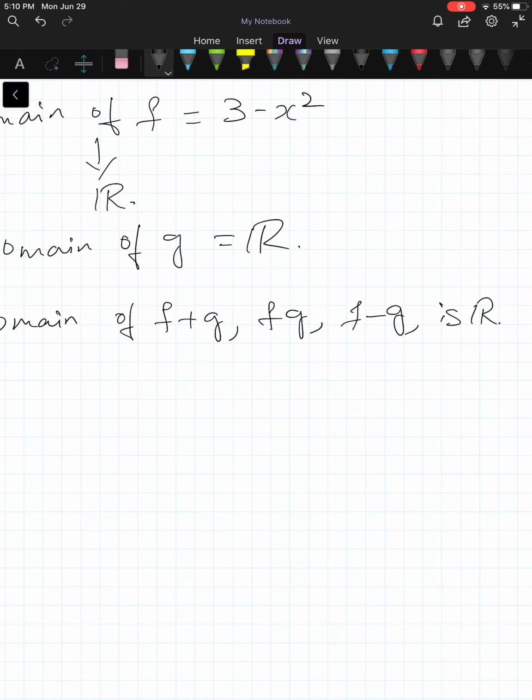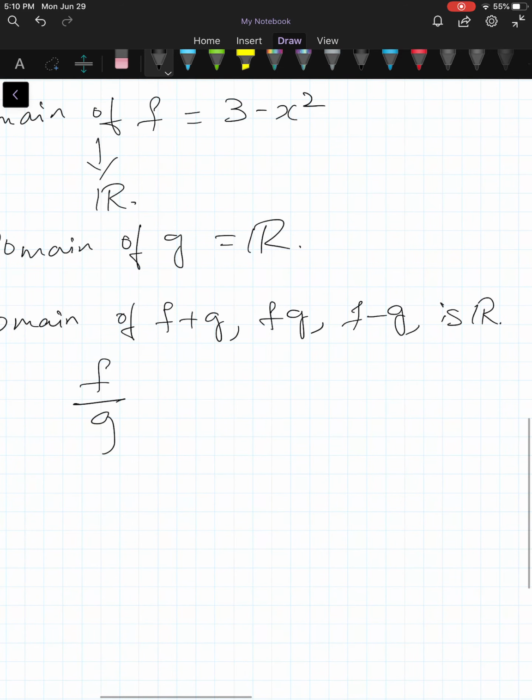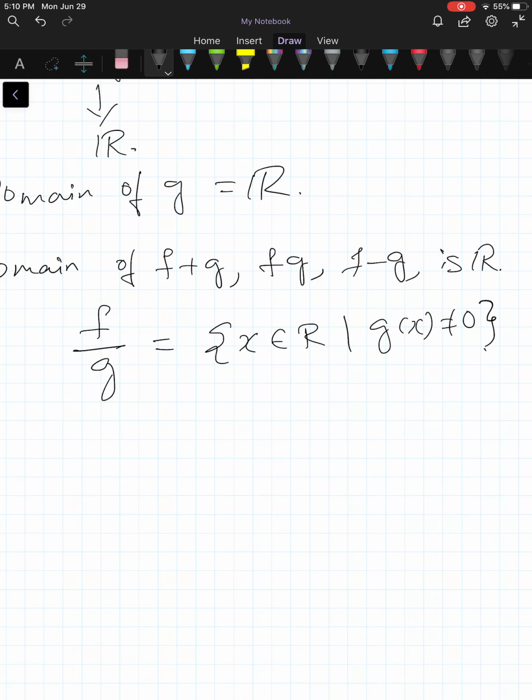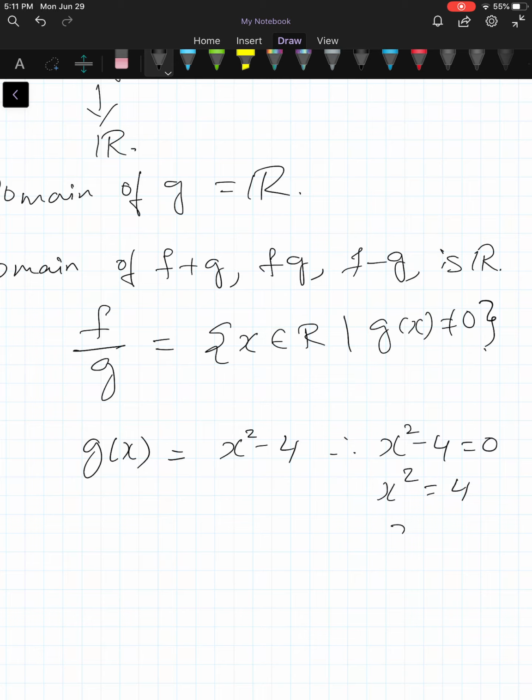But let us do the domain of F divided by G. It is the set of all x belonging to R such that G of x is not equal to 0. So when is G of x equal to 0? Because g of x is x square minus 4, x square minus 4 is equal to 0 when x square is equal to 4, that is, when x is plus or minus 2. So we are eliminating these two values.